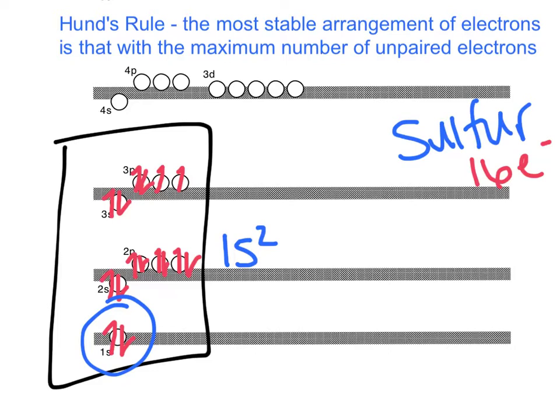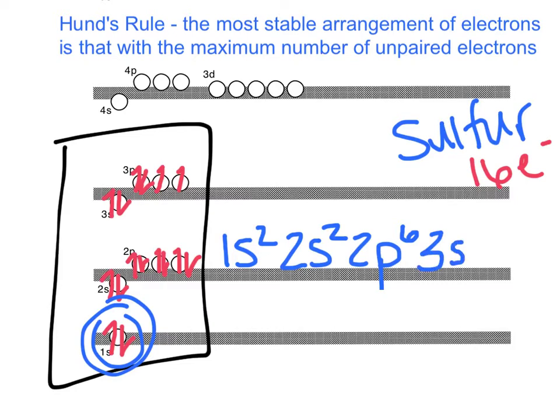So instead of drawing the actual arrows, we just shorten it to say, here's 2 electrons. And then I go up to the next one. I have 2s, and there are 2 electrons in that orbital. I go to the next one, 2p, count up the electrons there, and write that number as a superscript 6. Keep going, 3s, 2 electrons in it, and then finish up with your 3p because that's next, and then just write the total number of electrons, 1, 2, 3, 4.